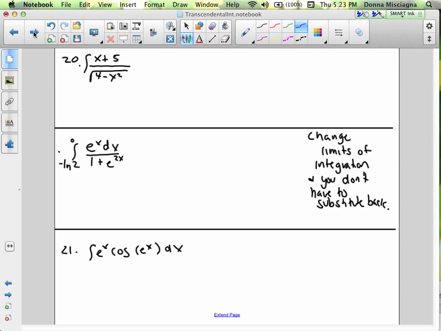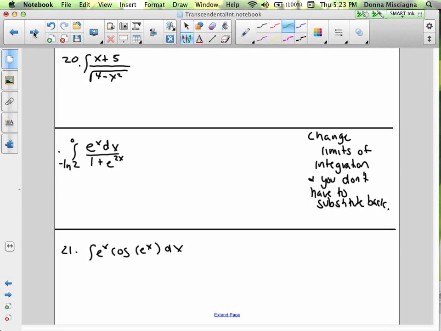I think something is missing off of this. I'm going to wait on the top two, because I don't know if I miswrote it, because something is missing that we can't take care of. So I'm going to check those two, and let's go on to 21.